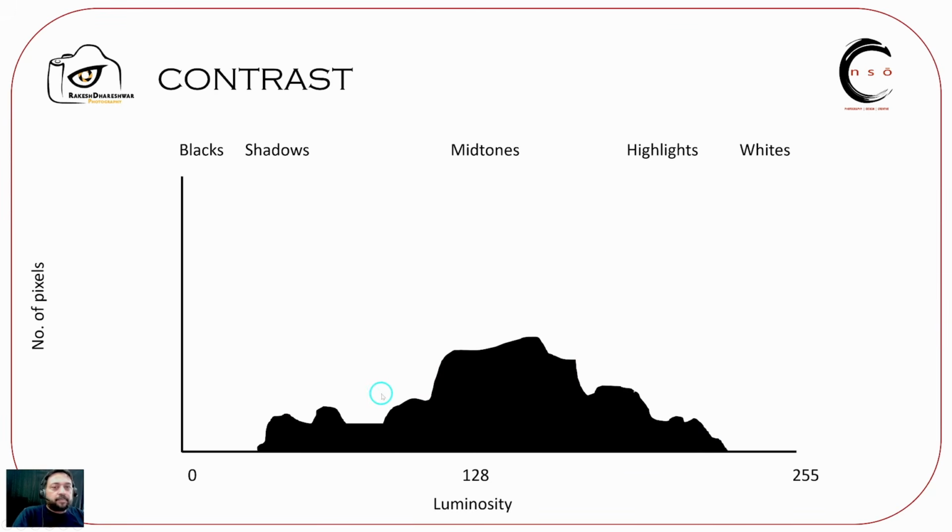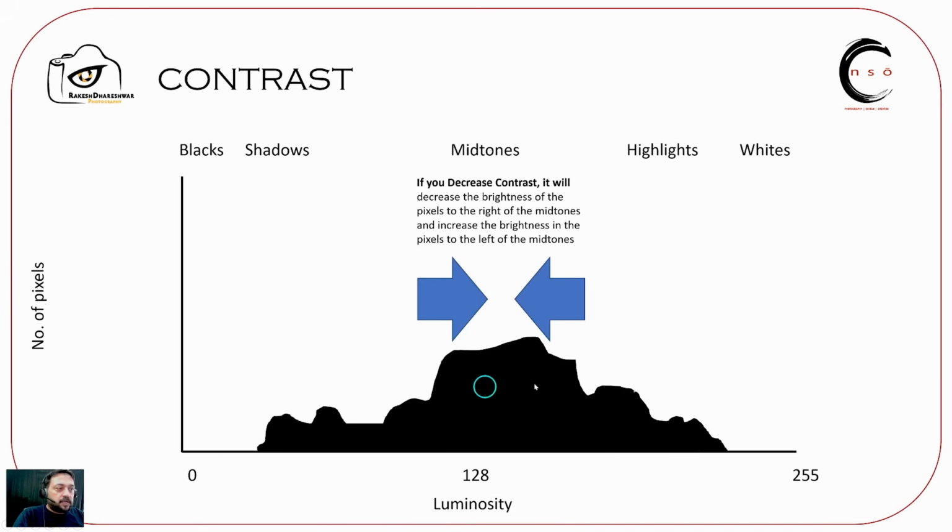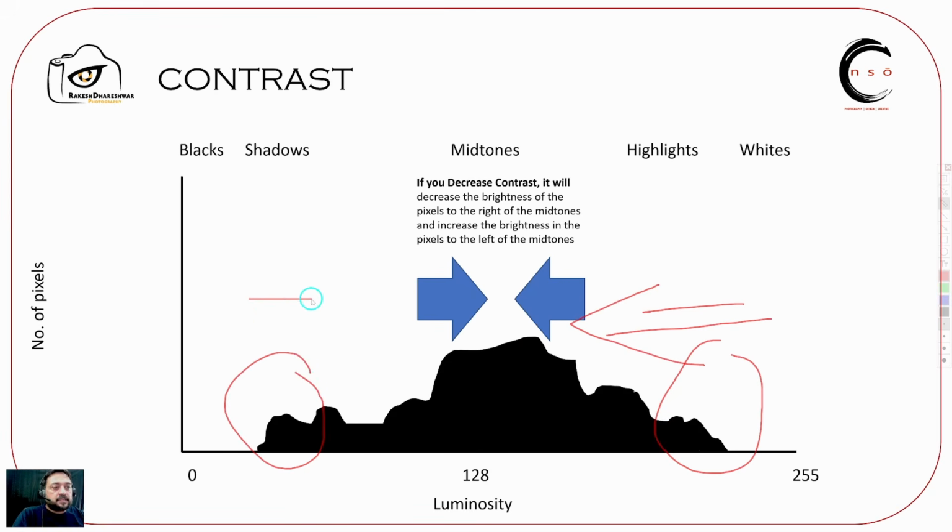Now, what happens if we do the reverse? If we decrease the contrast, it will make the bright pixels darker, and the dark pixels brighter.